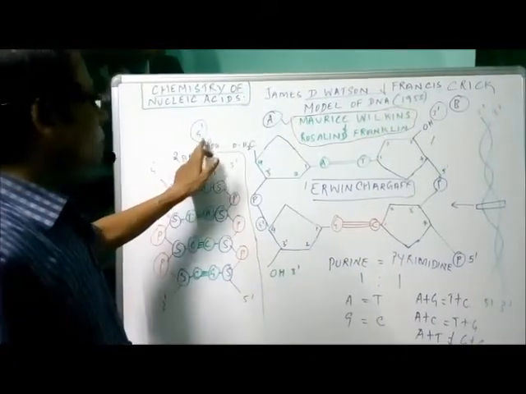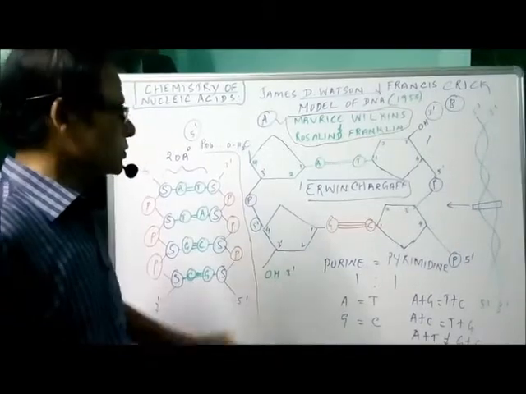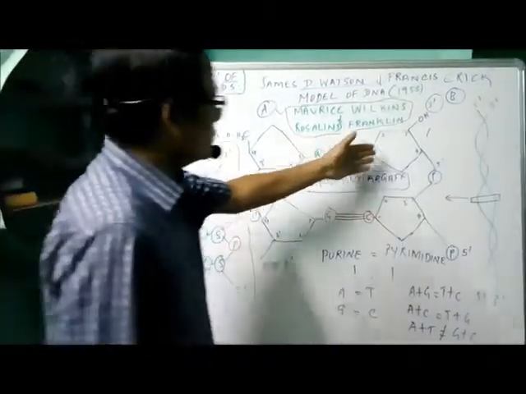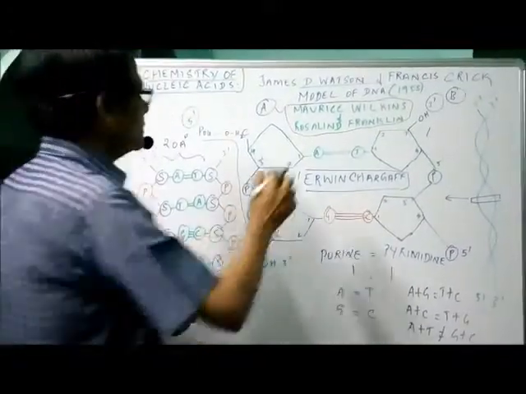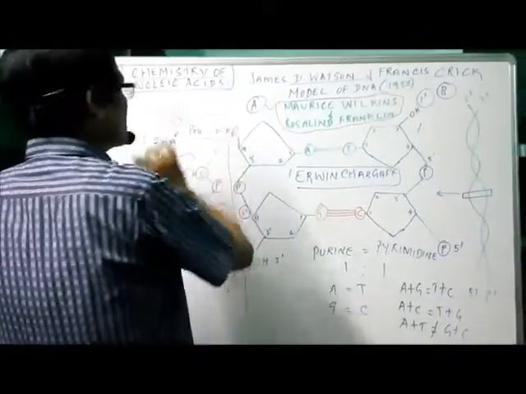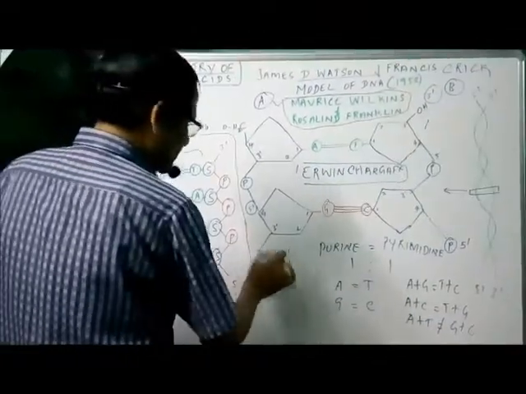At the 5' end we have the free phosphate group, and at the 3' end we have the free hydroxyl group. Now I am drawing the sugars in an inverted position to show the location. Here one strand starts with 5' and ends with 3', the other starts with 3' and ends with 5'.